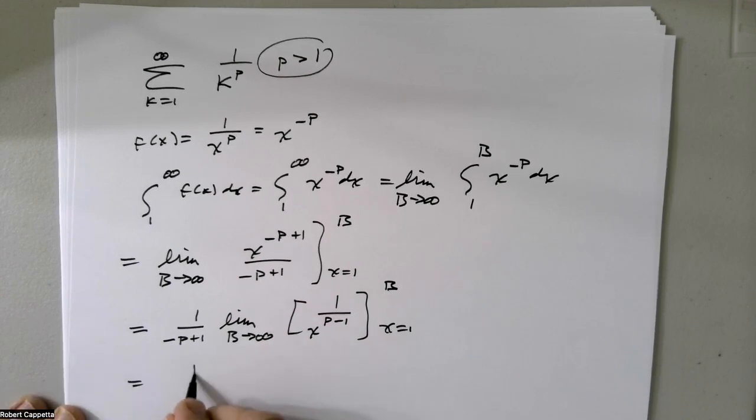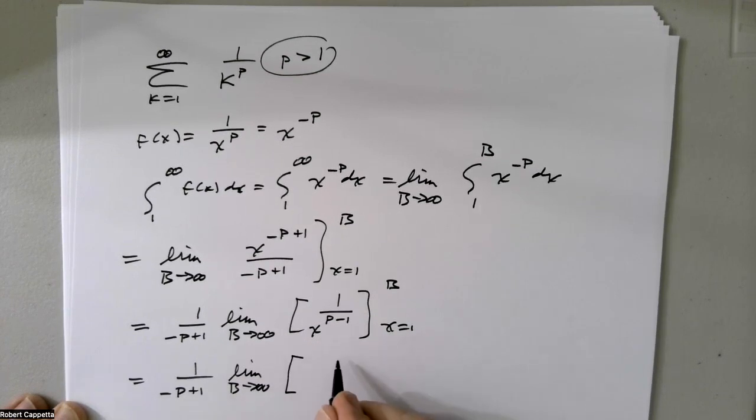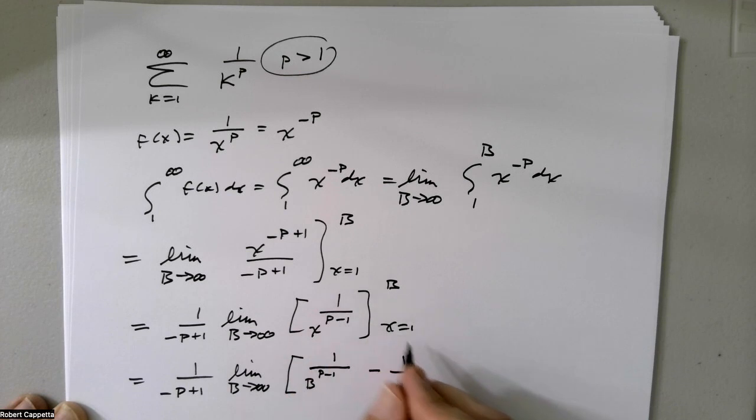So what do I get? I get 1 over negative p plus 1 times the limit as b goes to infinity of 1 over b, a very large number, to the p minus 1, a positive number, minus 1 over 1 to some power, which is just 1.